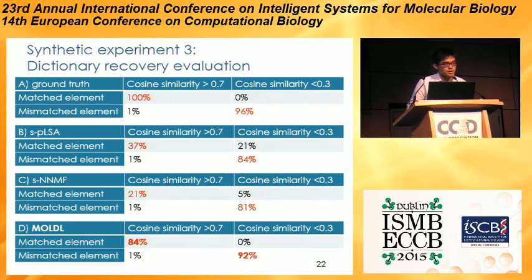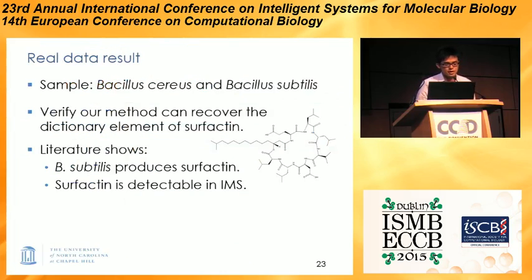Tables B, C, and D come from the comparison of the ground truth dictionary to the dictionary from sparse PLSA, sparse NMF, and our model. We can see among all, our model has the largest value in diagonal entries and smallest value in off-diagonal entries.